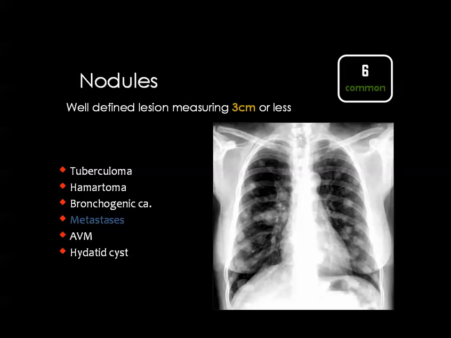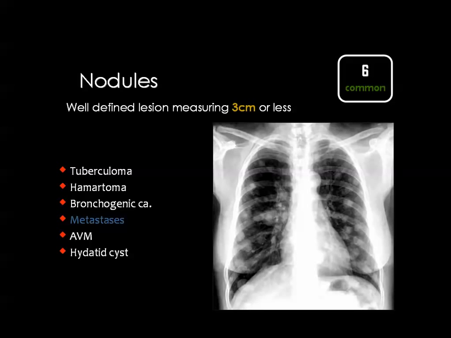If you decide that you are dealing with pulmonary nodule or nodules, what are the possibilities? If you open the books, you will see a major list of the differential diagnosis of pulmonary nodules. But actually here we would like to put our fingers on the most common nodules seen usually in the clinical practice.